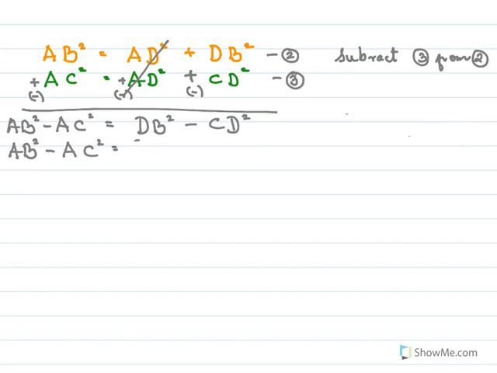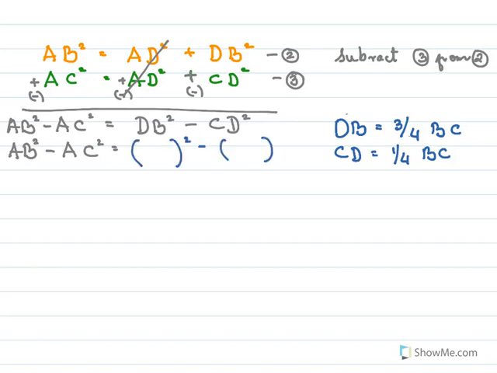Earlier, remember, we have already found that DB equal to 3/4 of BC and CD equal to 1/4 of BC. So let's put those values here, the DB value here minus the CD value here. So this is 3/4 BC and here 1/4 BC.